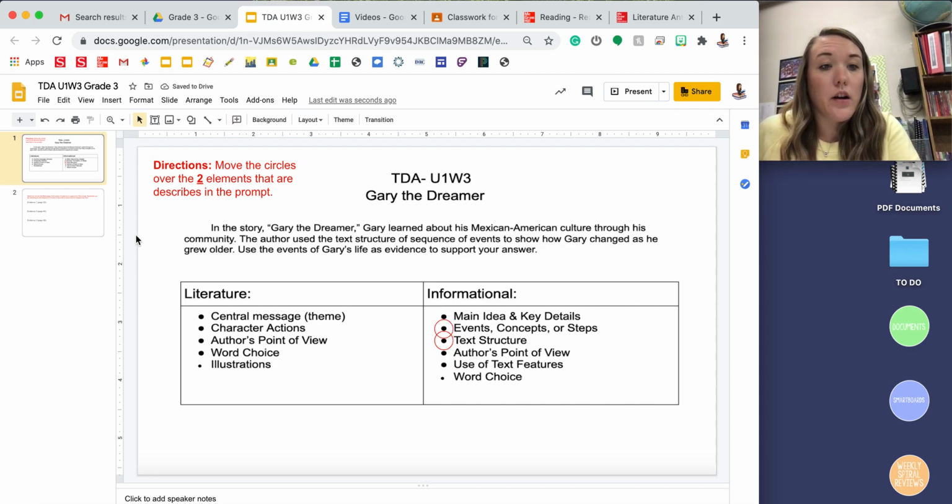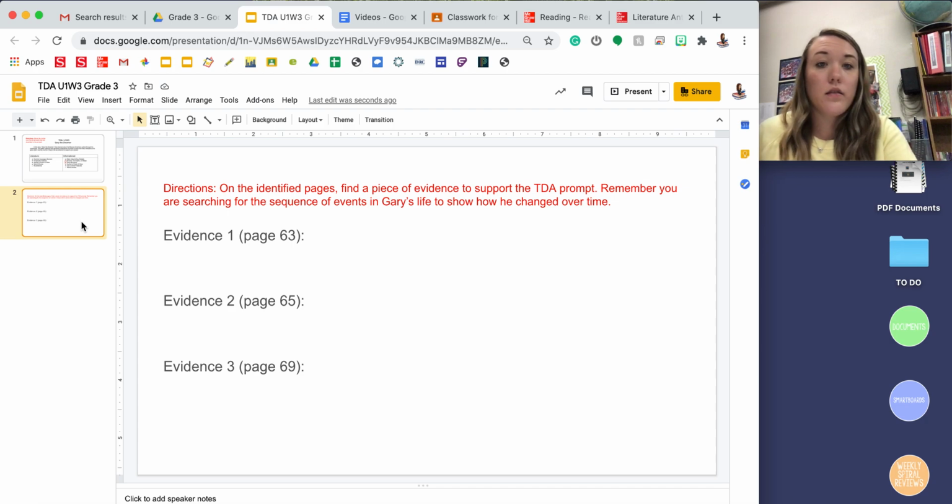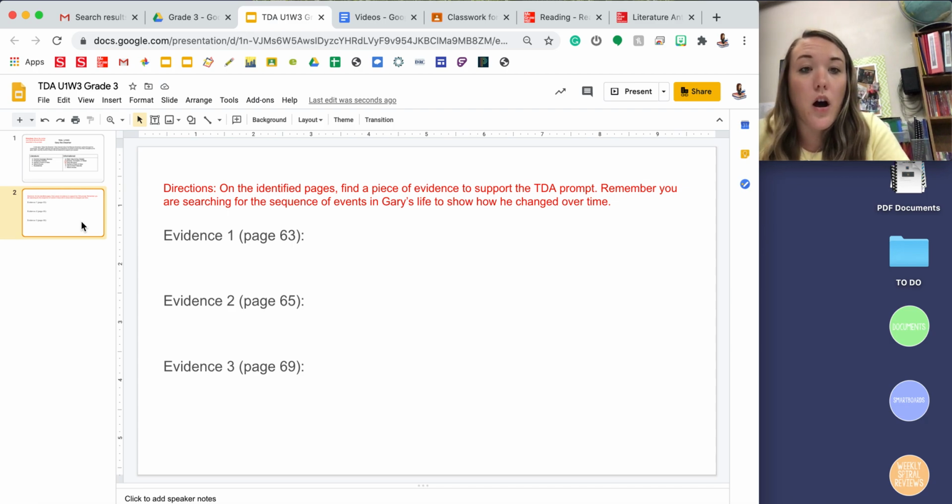If you take a look at the second slide, the directions say, on the identified pages, find a piece of evidence to support the TDA prompt. Remember, you are searching for the sequence of events in Gary's life to show how he changed over time.